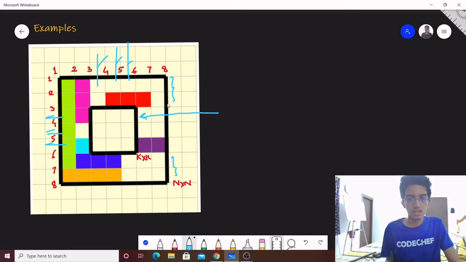Because any snake which is positioned like this horizontally or over here doesn't actually help us. So if we are shooting an arrow in this region, any snake which belongs to either this region or this region is totally useless.